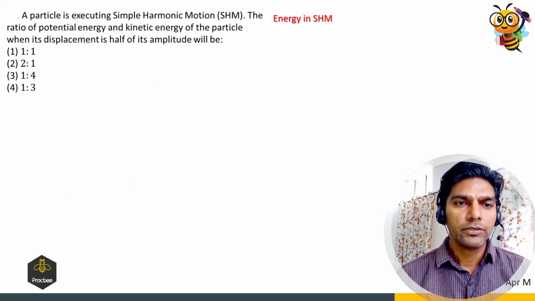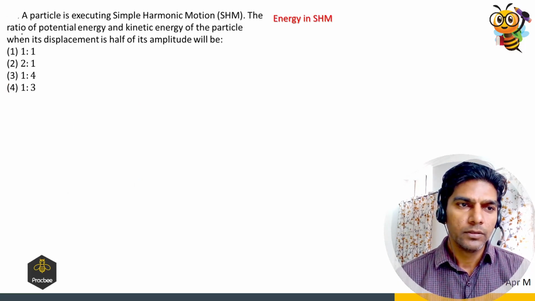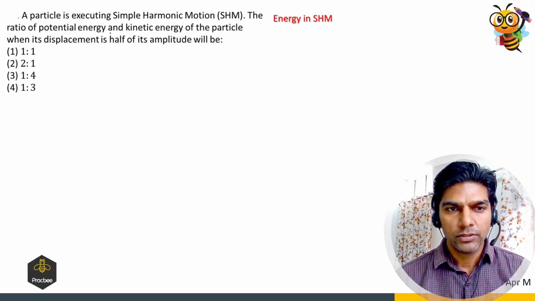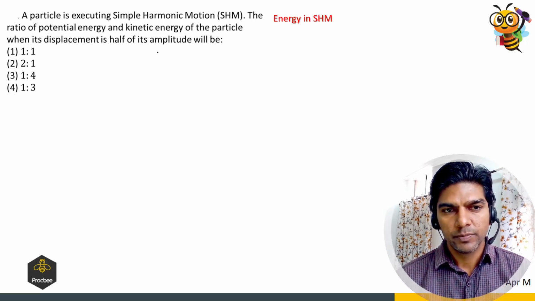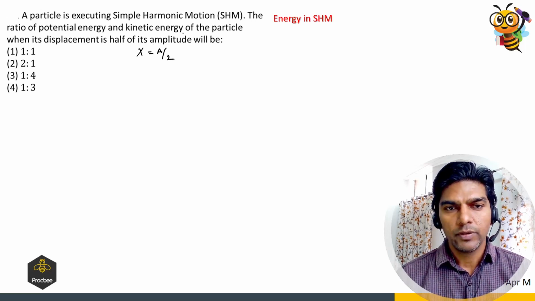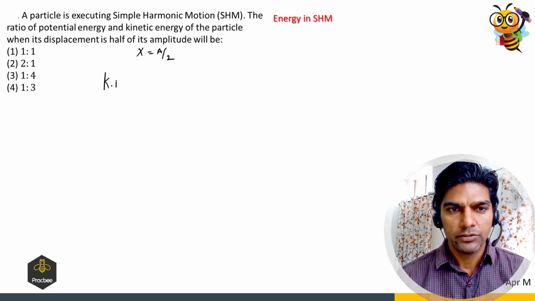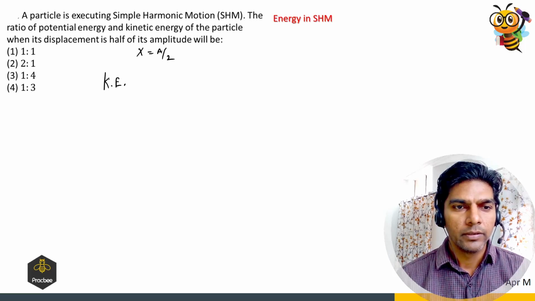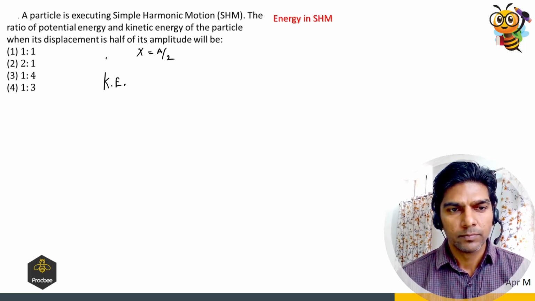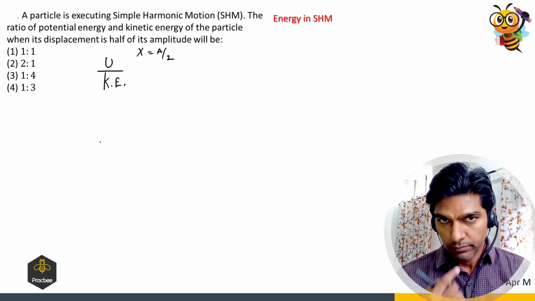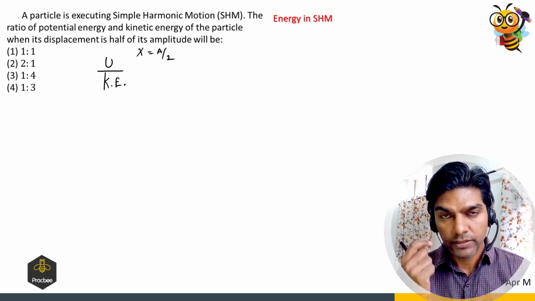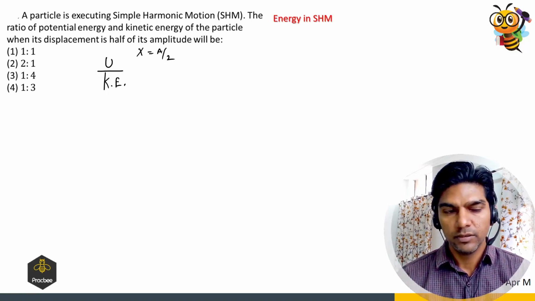A particle is executing simple harmonic motion. The ratio of the potential energy to the kinetic energy of the particle when its displacement is half of the amplitude. So x is given as a by 2, and we have to find the ratio of potential energy and the kinetic energy. Here I am assuming that the potential energy is 0 when the particle is at the mean position.